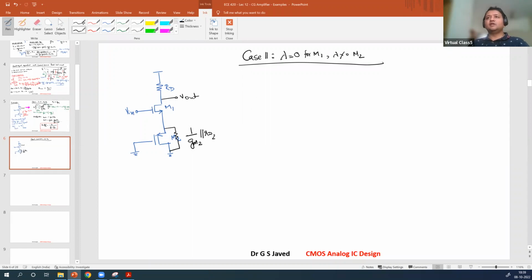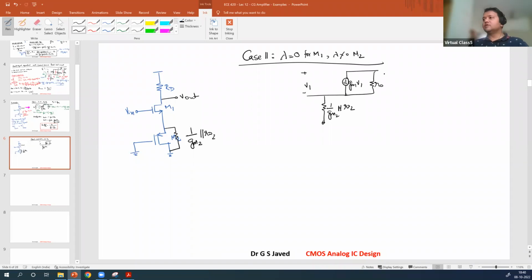If you look at the small signal model, it will be identical, just a small change at the Vs. So Rs is going to be 1 over GM2 in parallel with RO2. Same GM1 V1, this is V1.